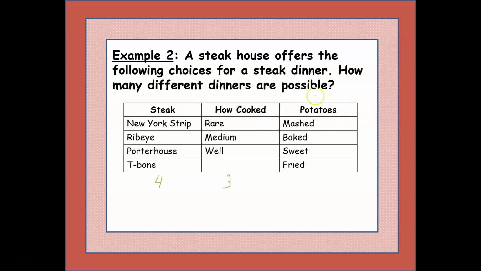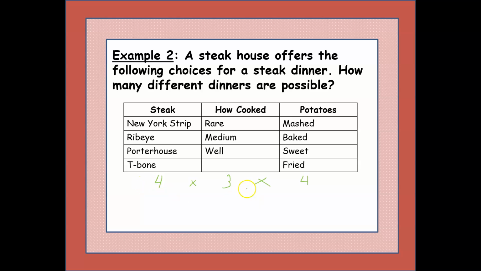Then you have your possible sides. You can choose potatoes: mashed, baked, sweet, or fried. So you have 4 different ways that these potatoes can be prepared. Now we're going to multiply each of our different options.